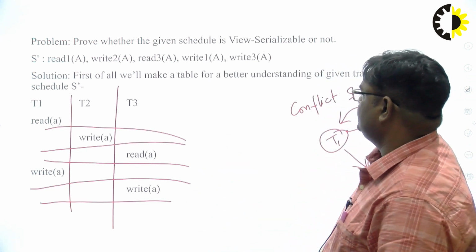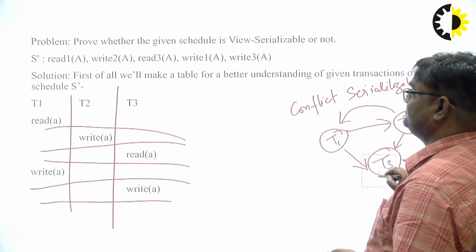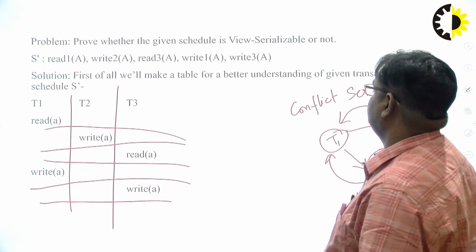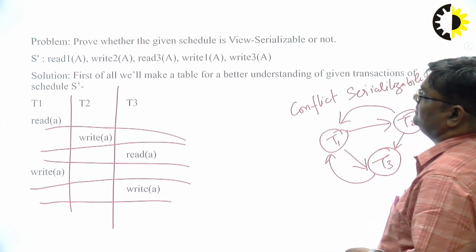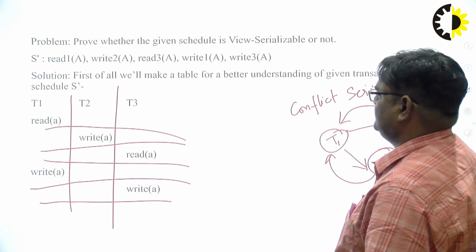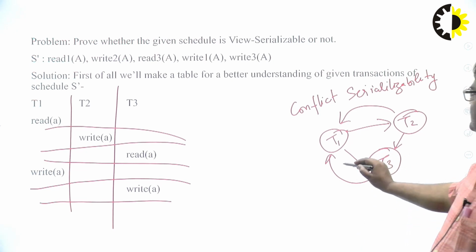Then T3 to T1 is also there. Okay, finished. Then T1 to T3 is there. So there is a loop.